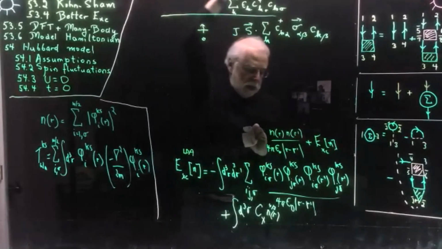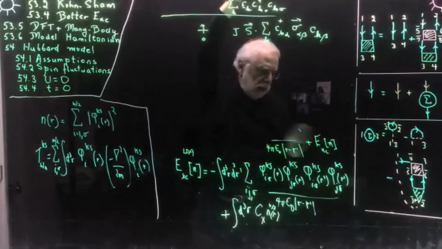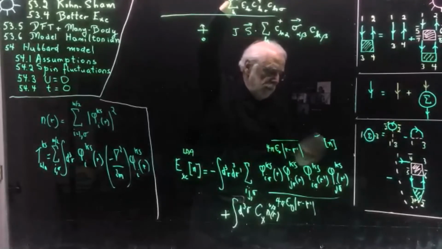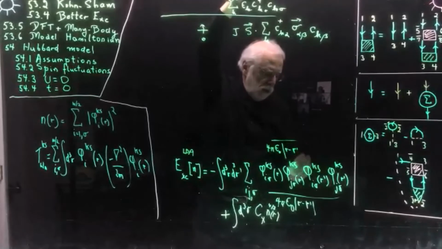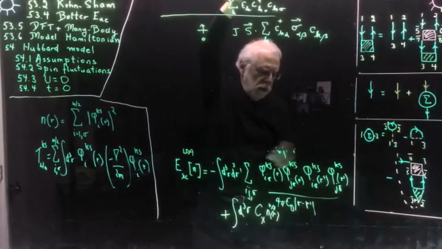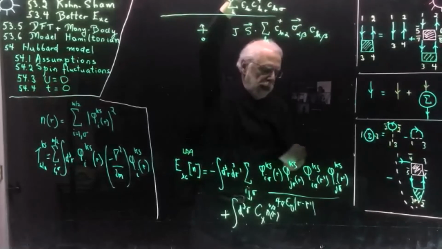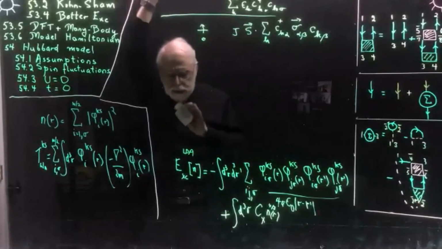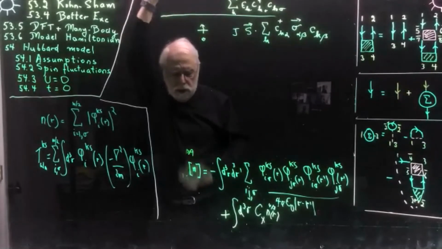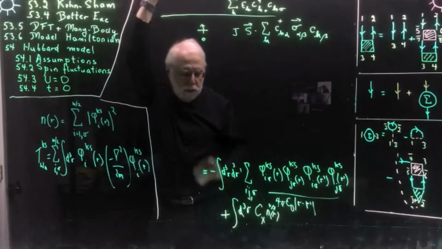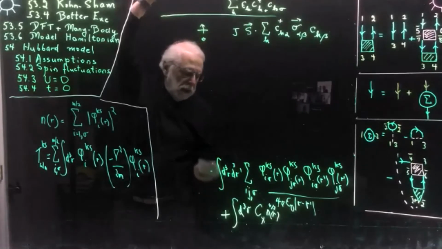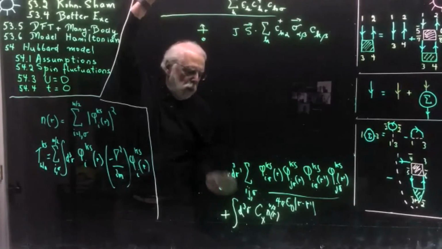And there are simpler ways to do that that were proposed by Anderson and Yuval, called Poor Man's scaling, which explains this in a relatively simple way.